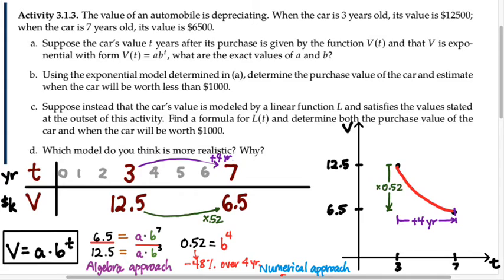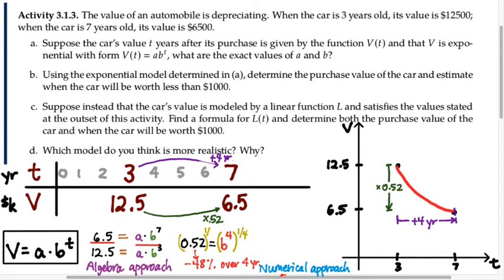Right? Okay, but we're not done yet, because that doesn't tell me what b is. That tells me what b to the fourth is. So how do I solve this equation for b? I just want to take the fourth root of both sides. What's another way to say that? Taking a fourth root is the same as using the power 1/4.